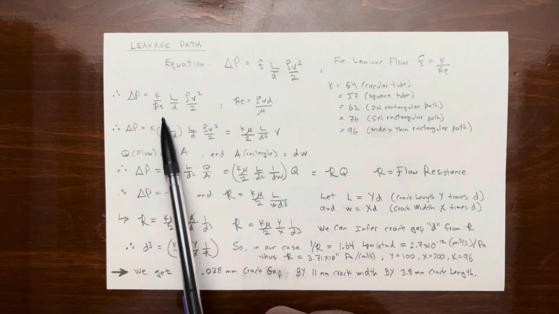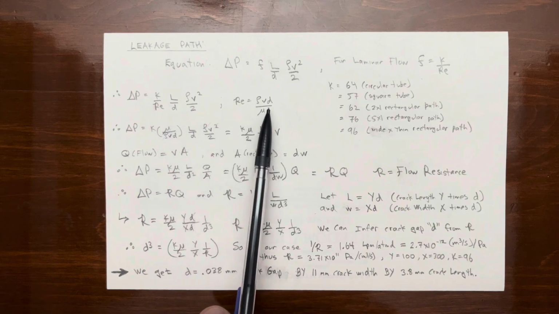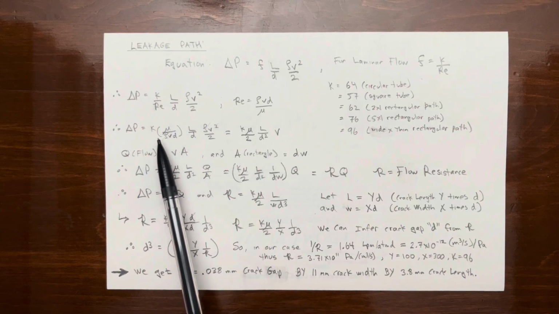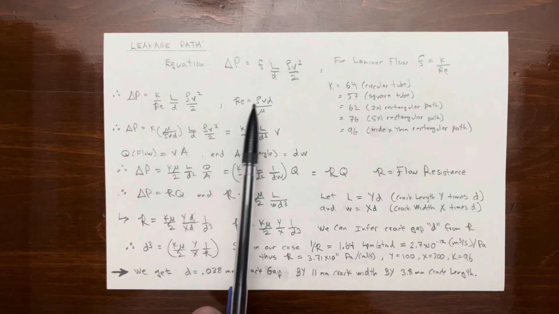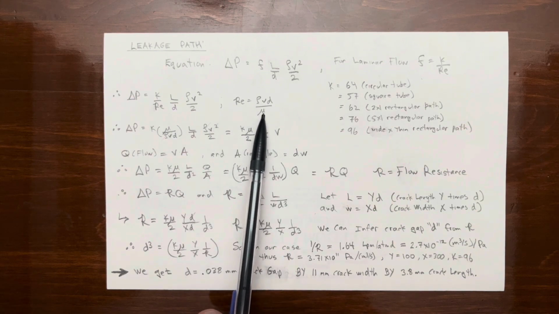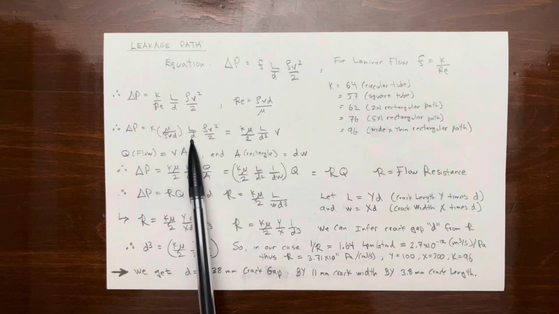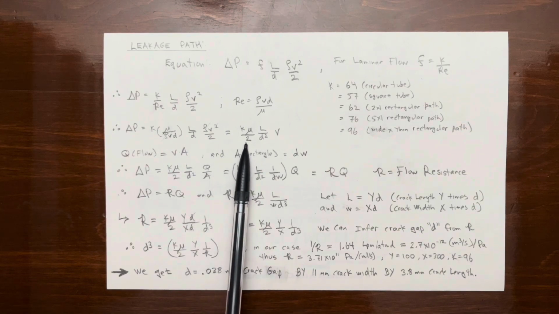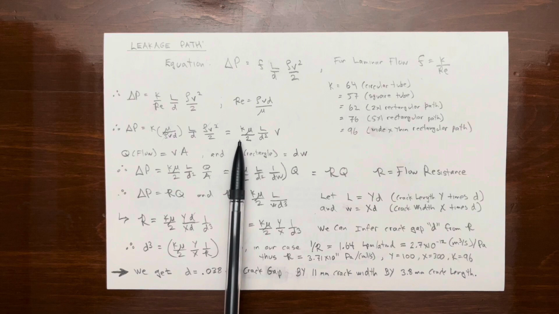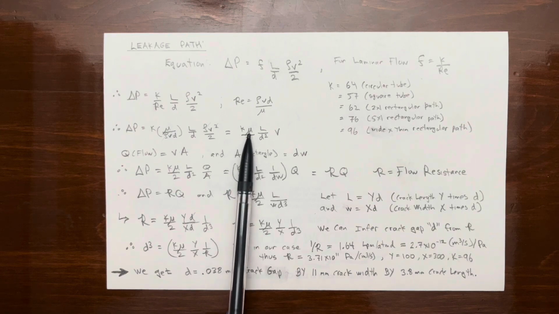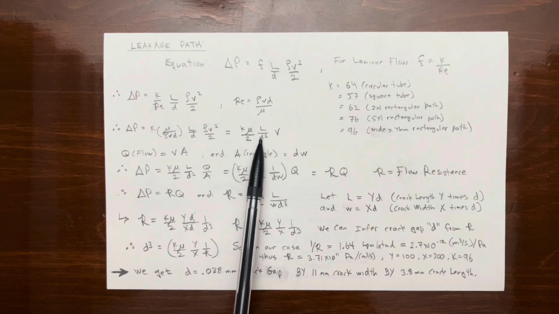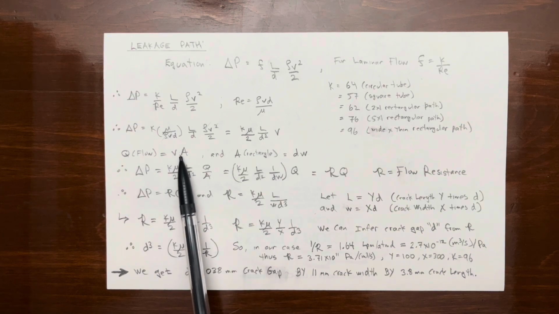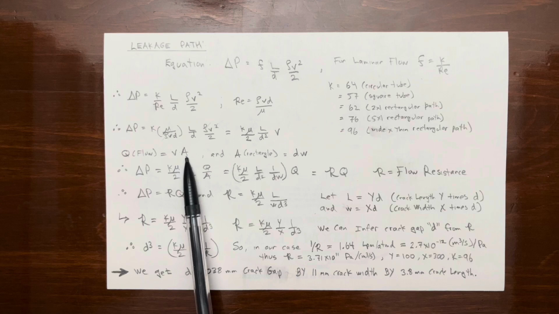So I've substituted f for K over Reynolds. I put what the Reynolds number is, which is density, velocity, diameter divided by dynamic viscosity. You basically crunch through the numbers. You get down to K times dynamic viscosity over 2, length over diameter squared, and velocity. We know that flow is simply velocity times that flow area.